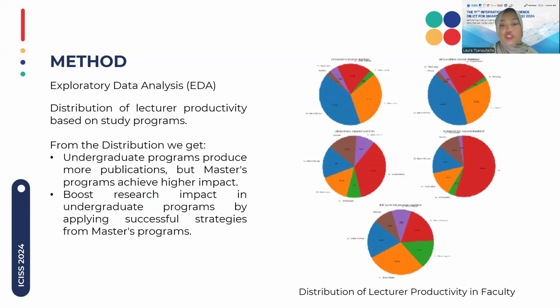The findings show that the undergraduate program produces more publications, but the master program achieves higher impact. The recommendation is applying strategies from the master program to boost research impact in undergraduate programs.